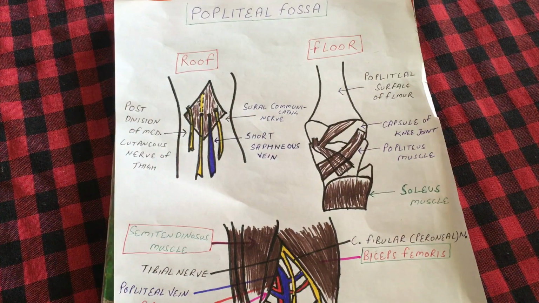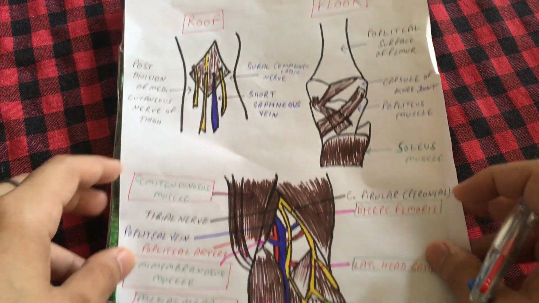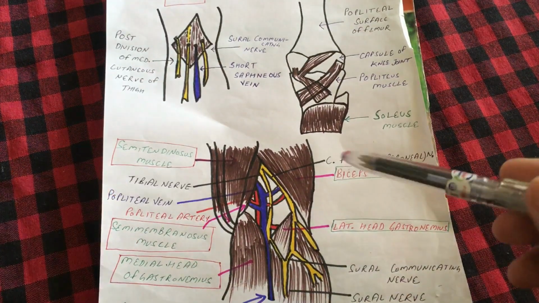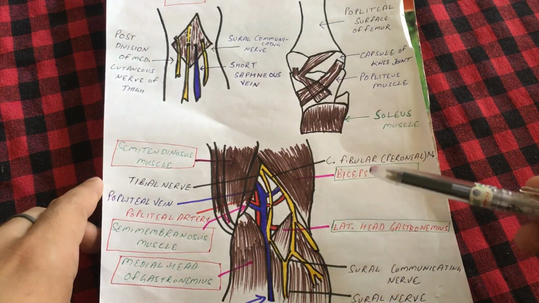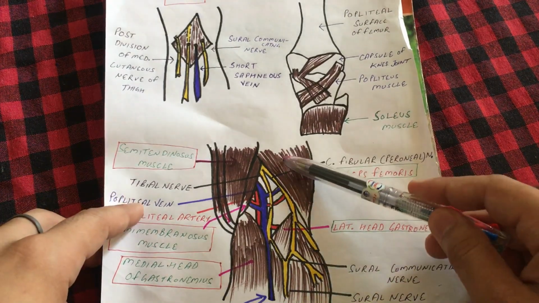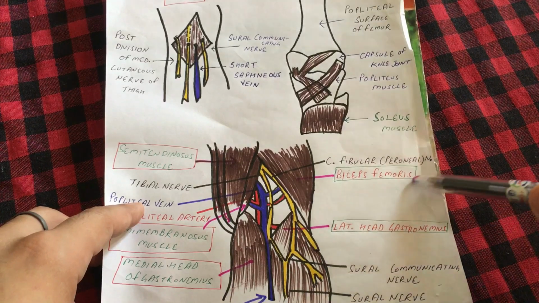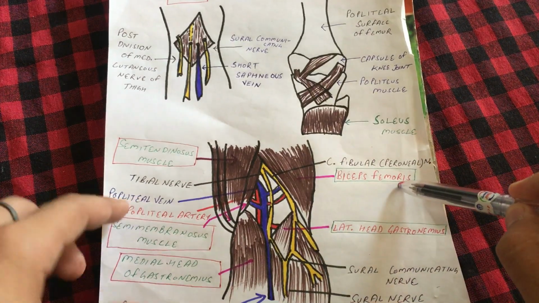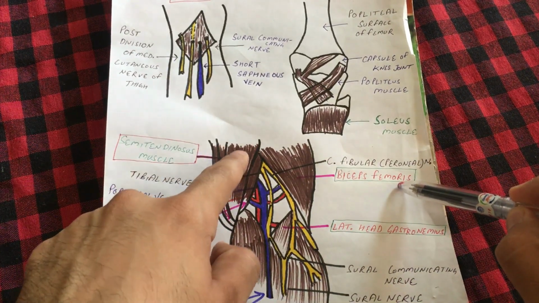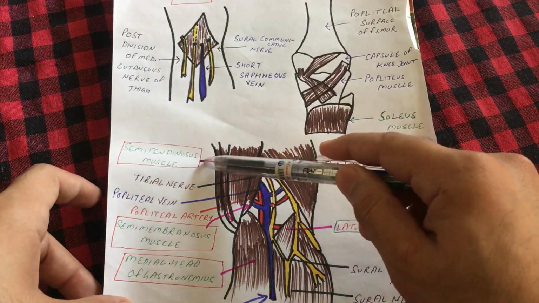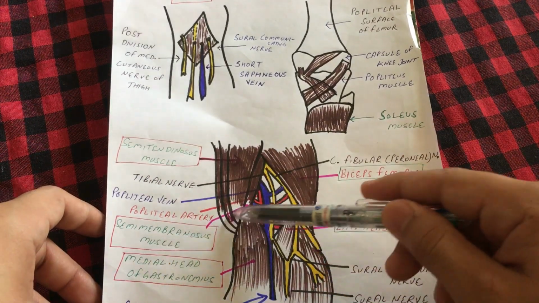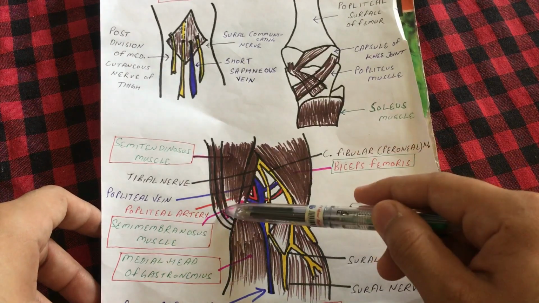Now coming to the boundaries of the popliteal fossa. Above and laterally, it is formed by the biceps femoris muscle. Above and medially, it is formed by the semitendinosus muscle and the semimembranosus muscle. Clear?